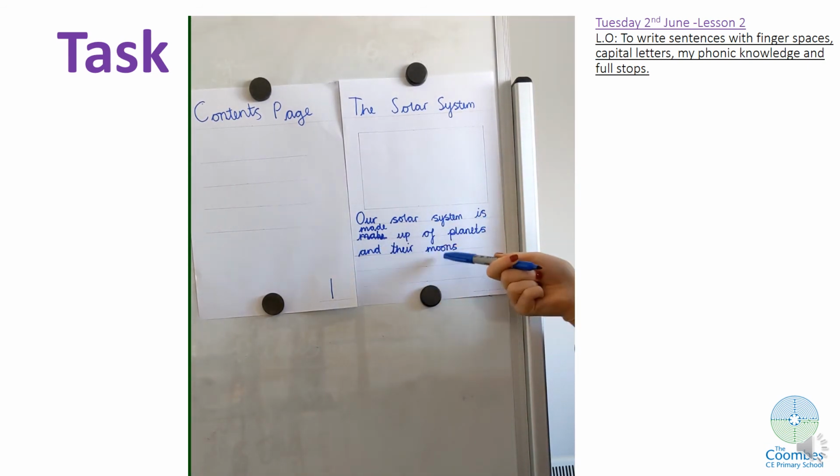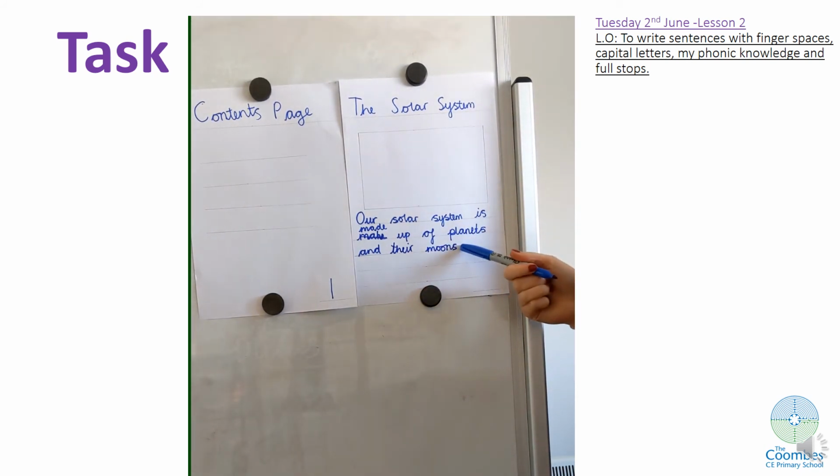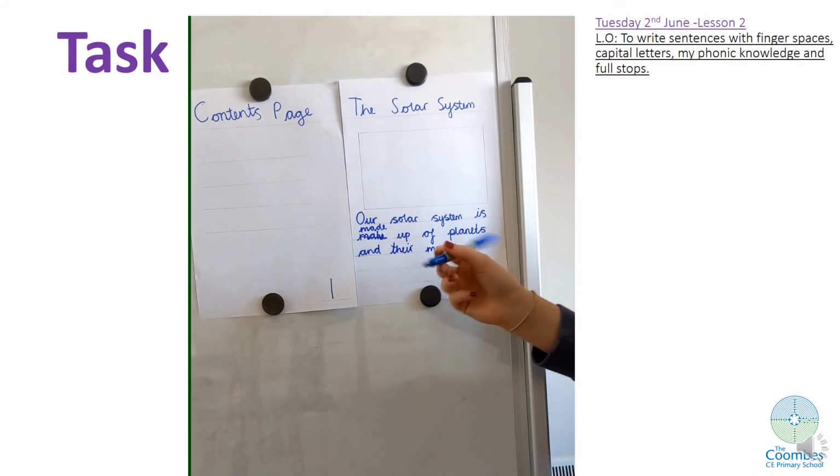And what do those planets and their moons do? Well done, they orbit the sun. So our solar system is made up of planets and their moons orbiting the sun. Now I'm looking at this bit here and I don't think I will fit orbiting in because it's a very long word, so we'll go back down here.